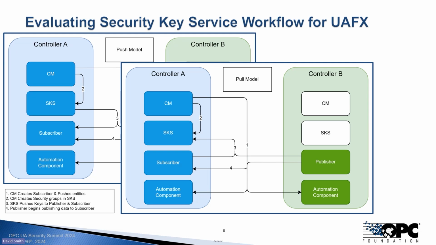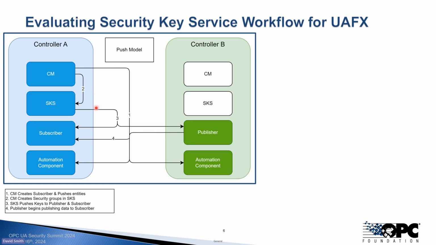the publisher and the subscriber, it's a very slight difference in description here, where the publisher arrow is requesting the security key from the SKS, as opposed to the security key service pushing.